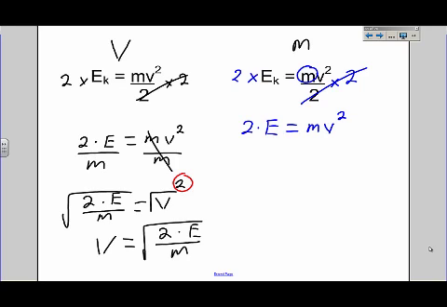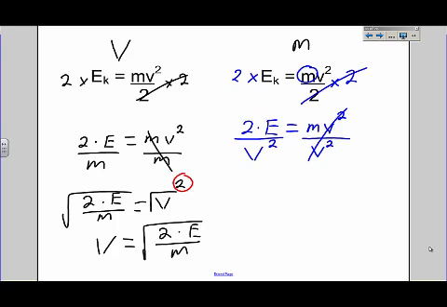Now we want to move our speed to the other side, or isolate our mass. So right now, v squared is being multiplied to our mass, so we're going to do the opposite of multiplying. We're going to divide. We can take the whole thing. We don't have to worry about separating the v and the squared.